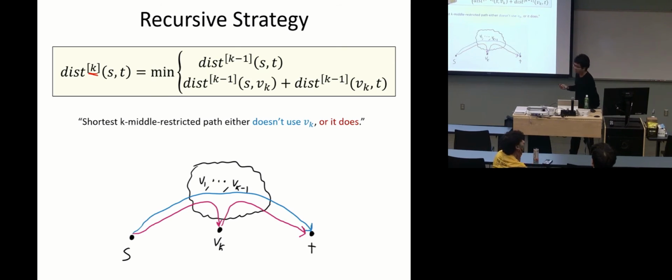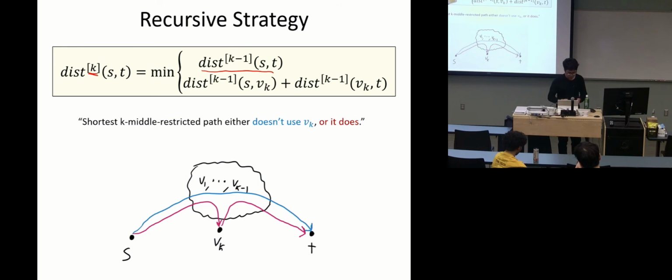Suppose you consider a middle restricted path from S to T. If you know that you wouldn't use Vk, the last vertex in the middle restricted set, then the path just goes through this set without Vk, and this is just going to be the distance k minus 1 from S to T.